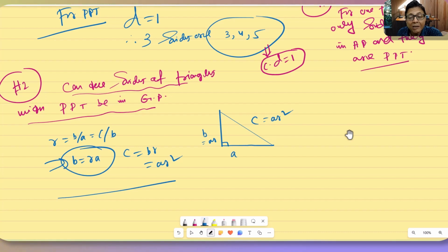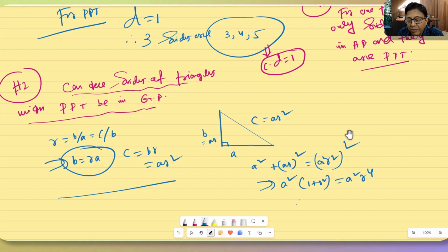So as they are Pythagorean triplets, A square plus (AR) whole square is going to be (AR square) whole square. This implies A square times (1 plus R square) equals A square R to the power 4, so R to the power 4 minus R square minus 1 equals 0.